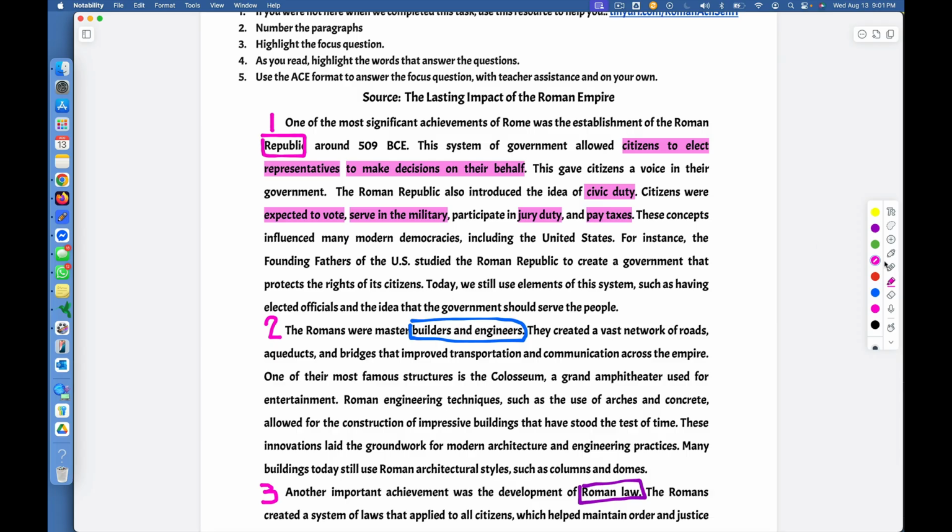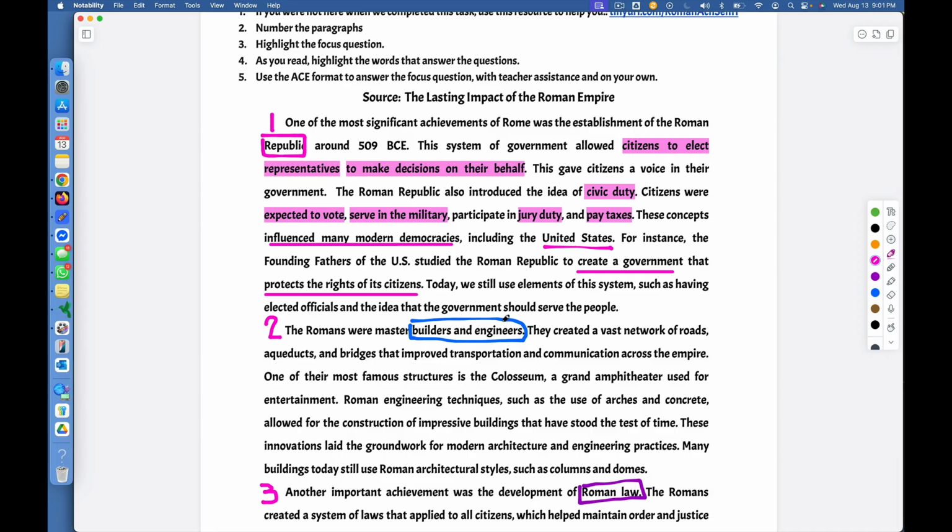For instance, the founding fathers of the U.S. studied the Roman Republic to create a government that protects the rights of citizens. So, using the same color, it influenced modern democracies like the U.S., where we created a government that protects the rights of citizens.